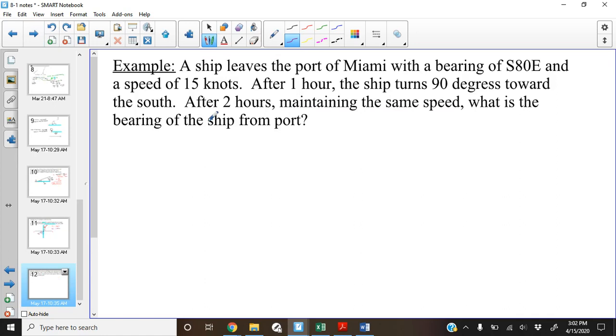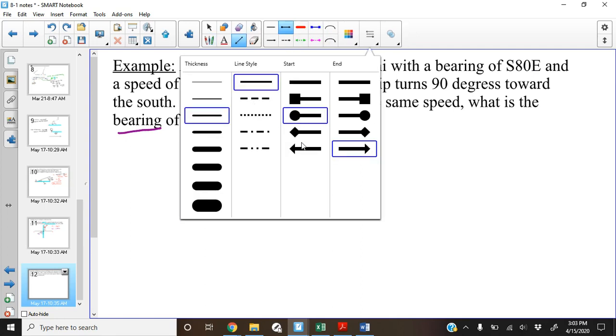All right. And our last example is going to be using bearing. So here's the word bearing. We have a ship, it leaves the port of Miami with a bearing of 80 degrees east of south. So let's start by drawing in our axes.